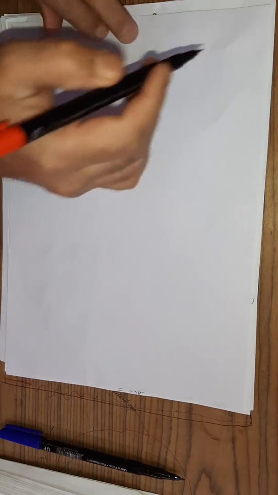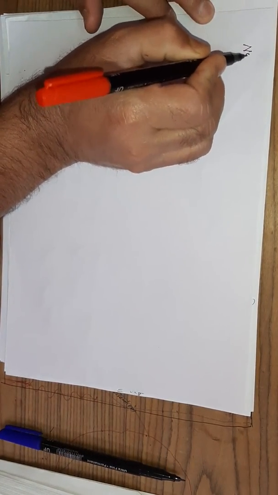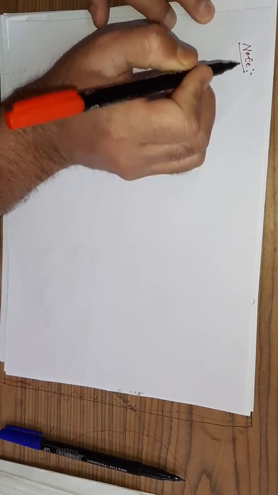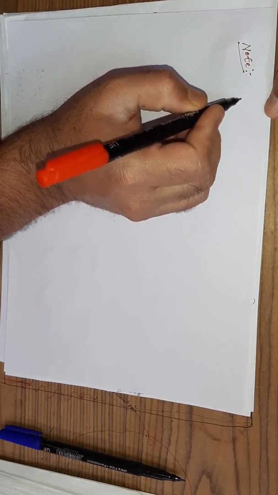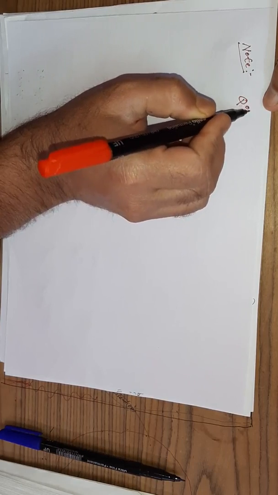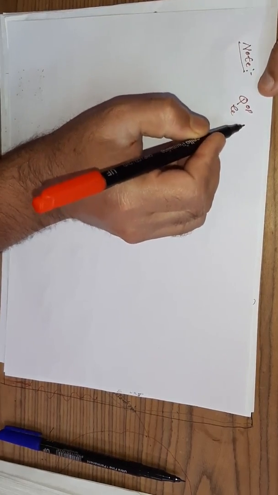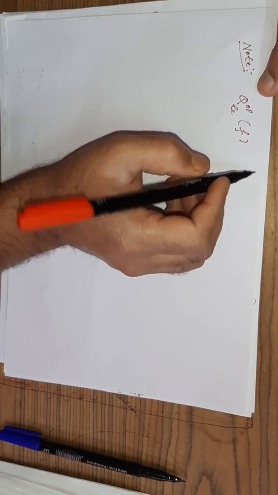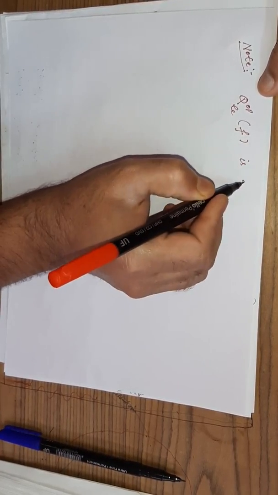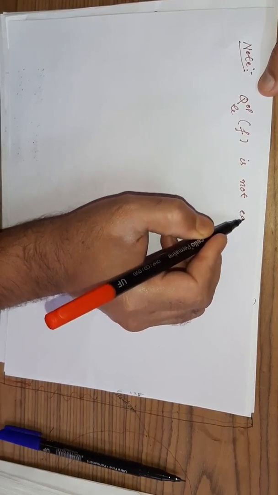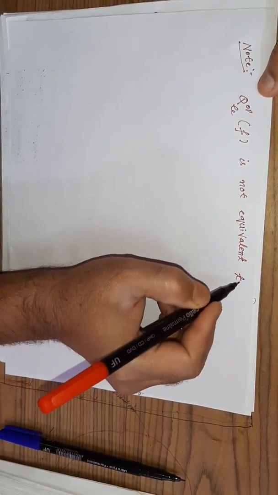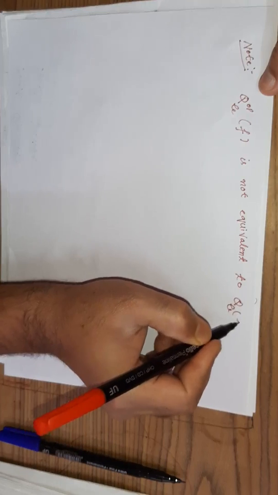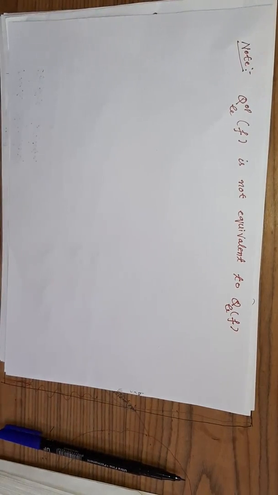So note that Q opposite in C concerning the morphism F is not equivalent to Q C F. So as an example, again we will take the category of sets.